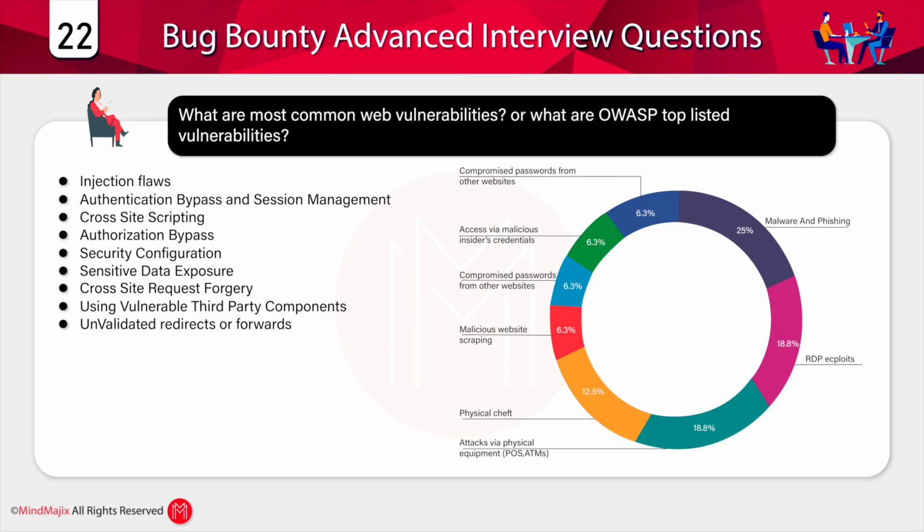And authorization bypass and security misconfigurations. At the time of configuring a particular web application, if a developer or an administrator has made any mistakes, then it comes under security misconfiguration. The next one is sensitive data exposure.